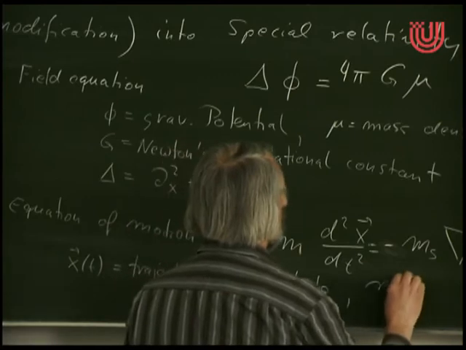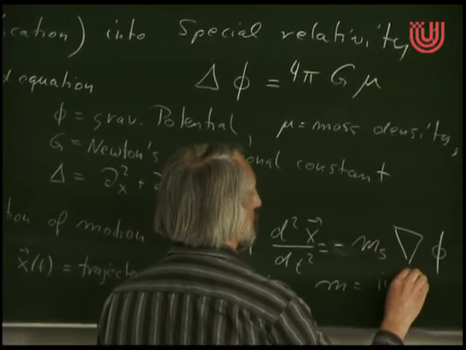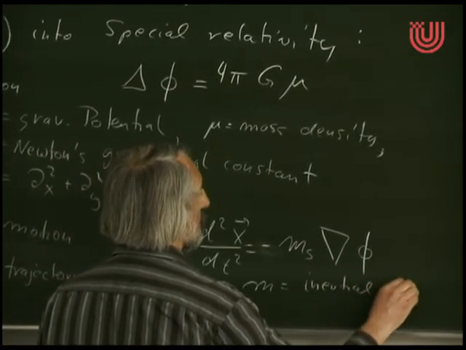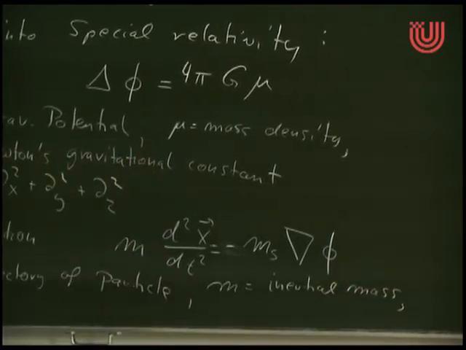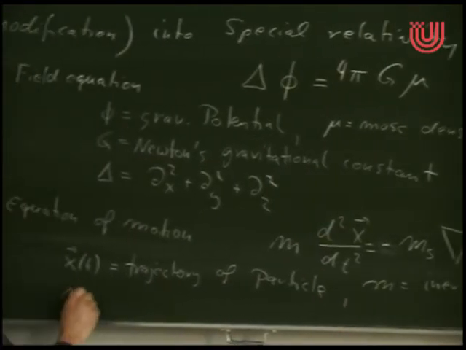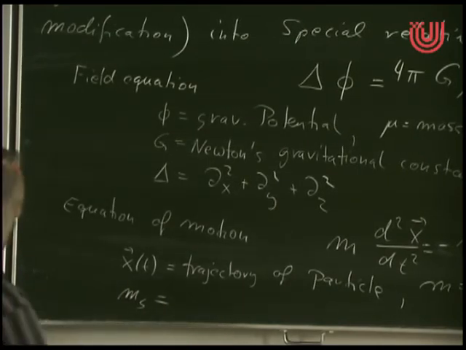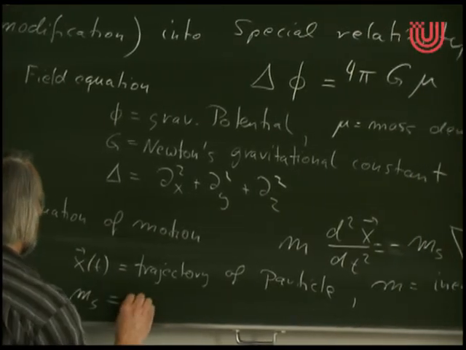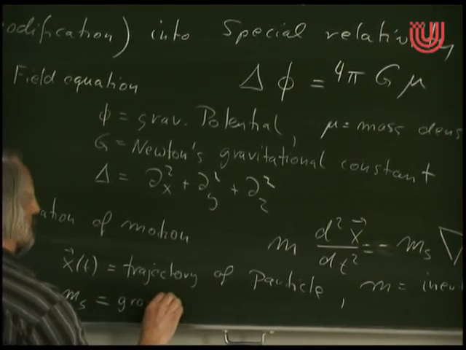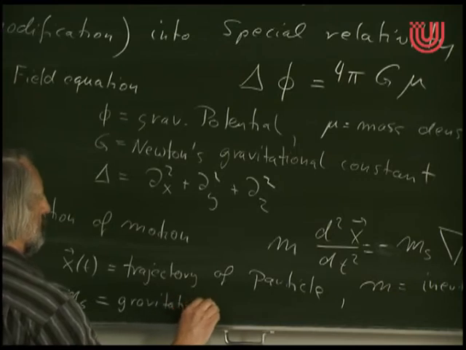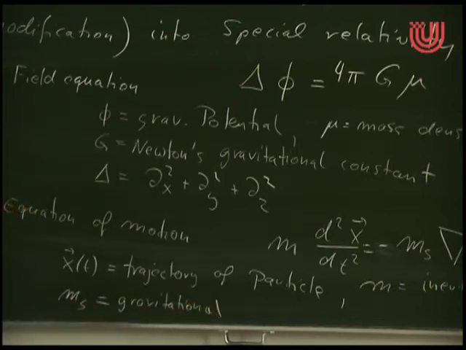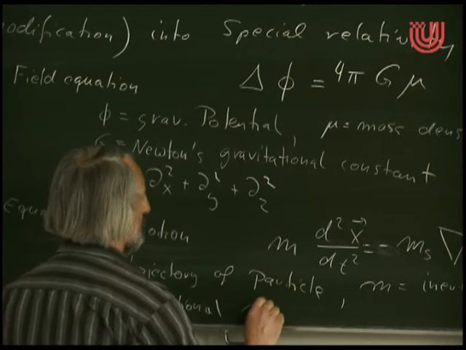M is the inertial mass. Ms, well, S reminds of the German word schwer, schwere Masse in German. In English, it's called the gravitational mass. So you would more likely use the index G, gravitational mass.